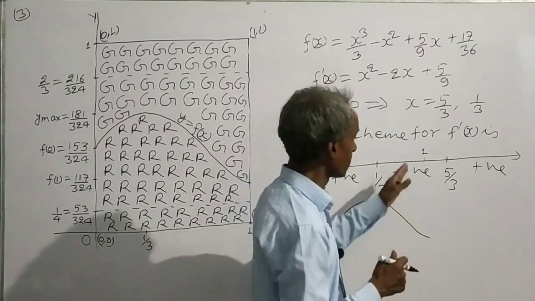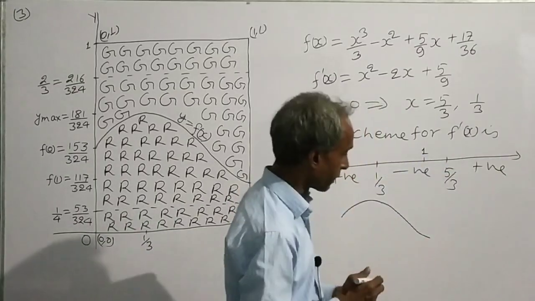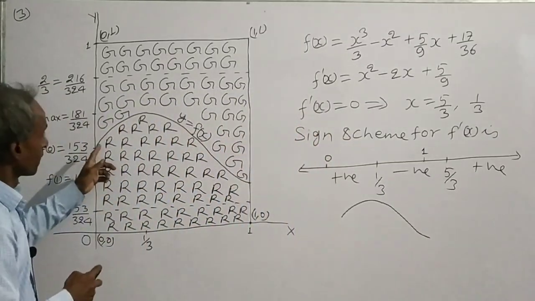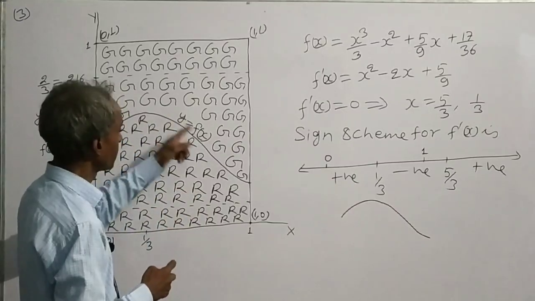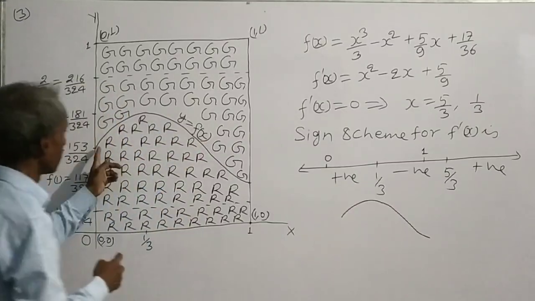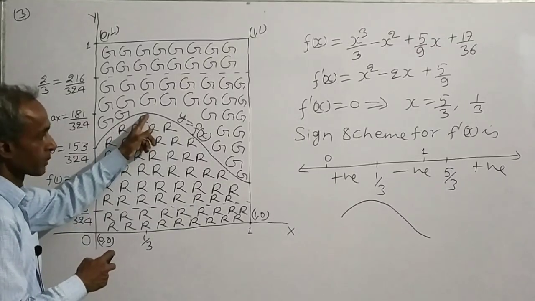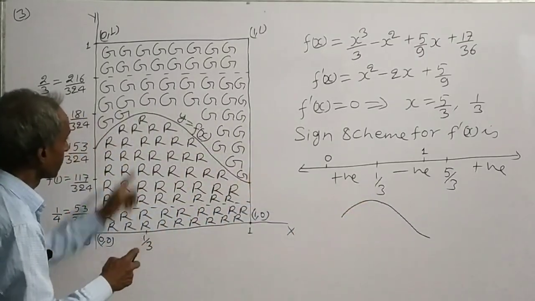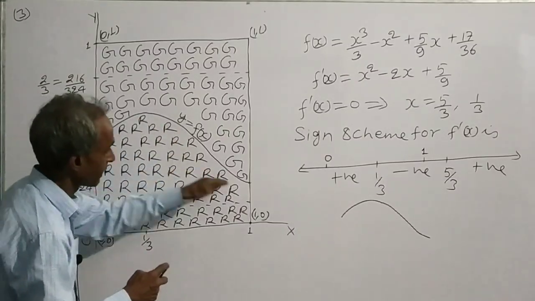That means the function is not defined for any number greater than 1. That means the graph of y = f(x) will be something like this. It will increase up to 1/3, and after 1/3, it will start decreasing.